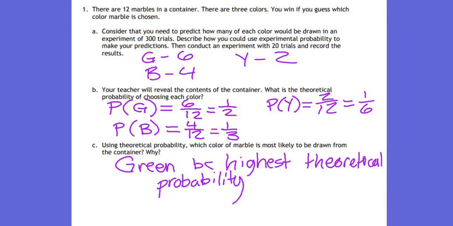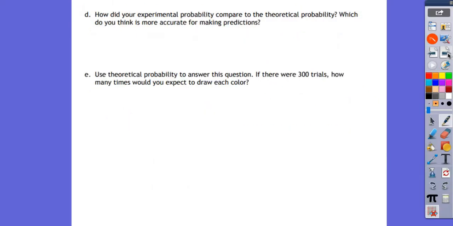Okay, D basically asks, between experimental and theoretical probability, which has the better likelihood of it actually happening that way? Experimental or theoretical?